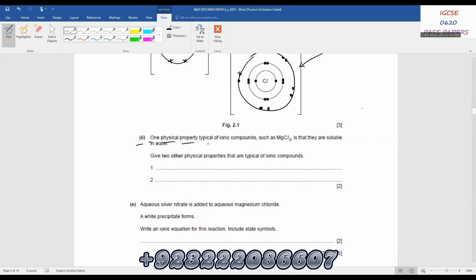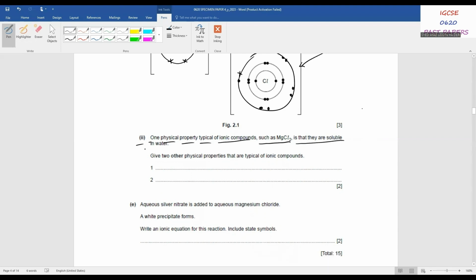One physical property typical of ionic compounds such as MgCl2 is that they are soluble in water. Give 2 other physical properties that are typical of ionic compounds. Some common properties: they have high melting or boiling point.